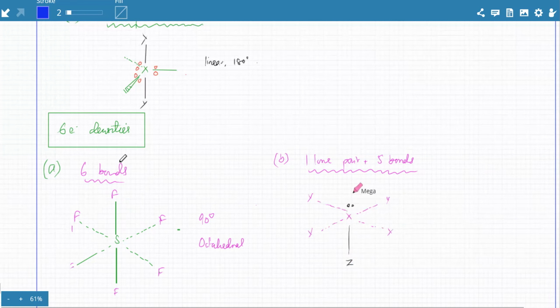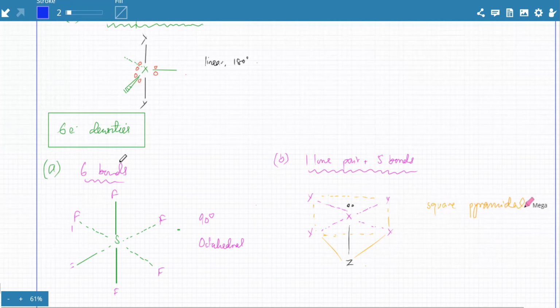So the top is missing. This is called square pyramidal because if you connect all the dots on the x, y, and z axes, it's going to be a square. And if you connect it with the bond on the z axis, it looks like a pyramid. So it's like a pyramid with a square bottom.